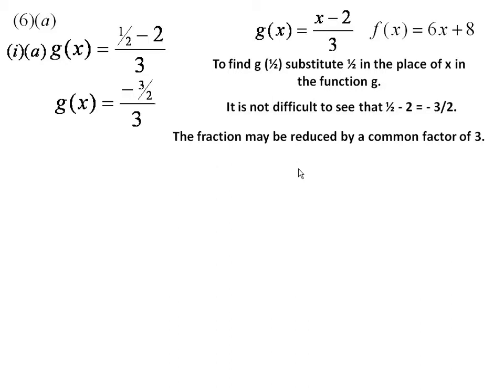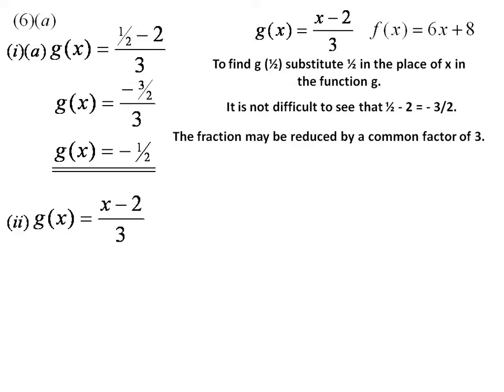The fraction may be reduced by a common factor of 3. This might be too big of a slice to swallow, but we will continue and demonstrate how simple this is on a subsequent slide.